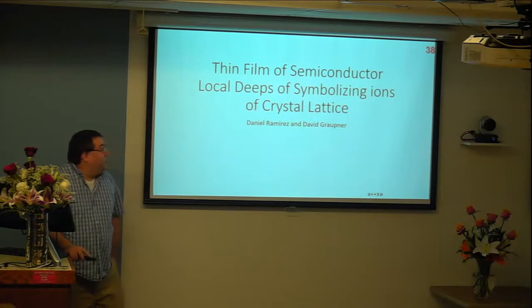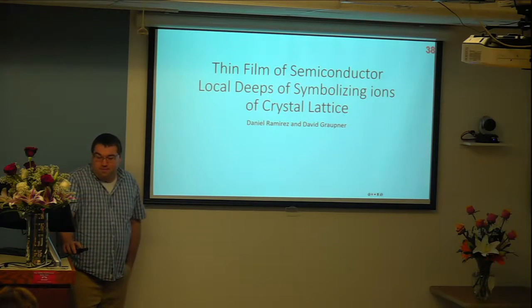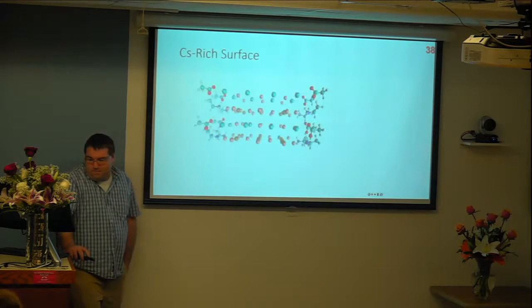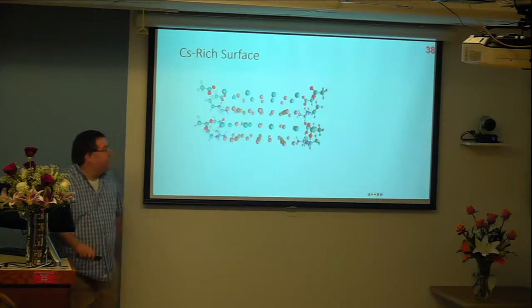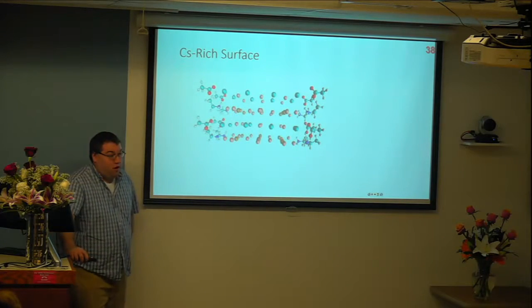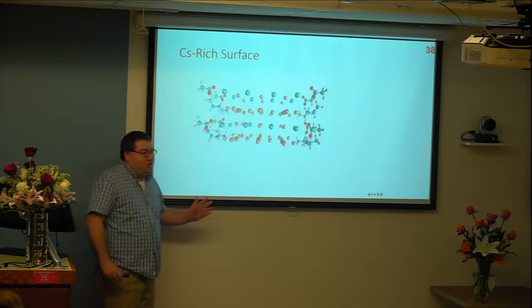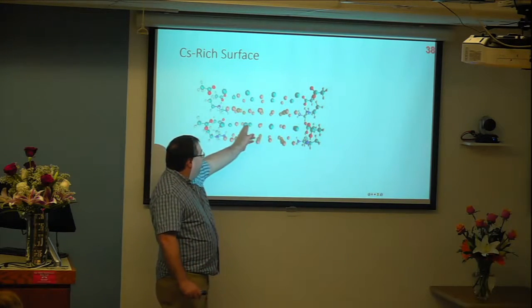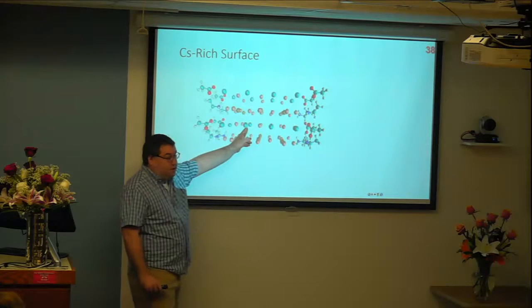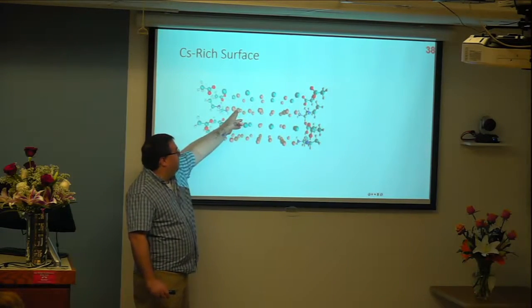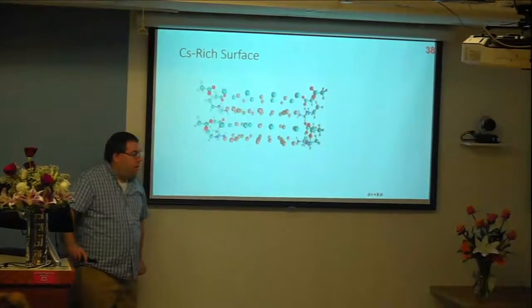So we were looking at thin film semiconductors. What we were modeling, we were also modeling on perovskites. As you look, this is not the best picture, but the blue atoms here are cesiums, the pink ones are bromines, and the brownish colored ones are lead.